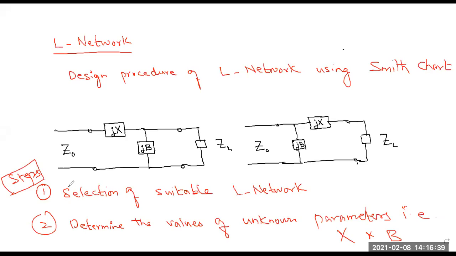We have already covered how to perform these two steps using the analytical method. But today we are going to find out how the Smith chart can be used to design this network. Whenever we design the L network, we again have to take these two design steps: one is selection, and then finding the values of the unknowns.